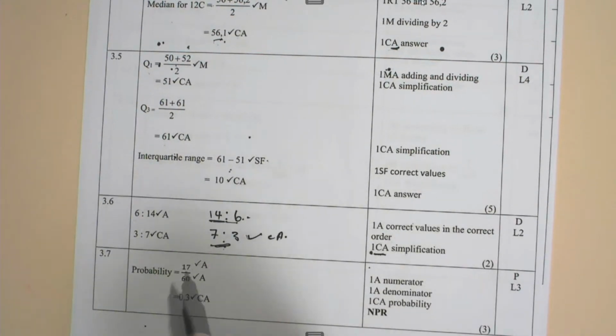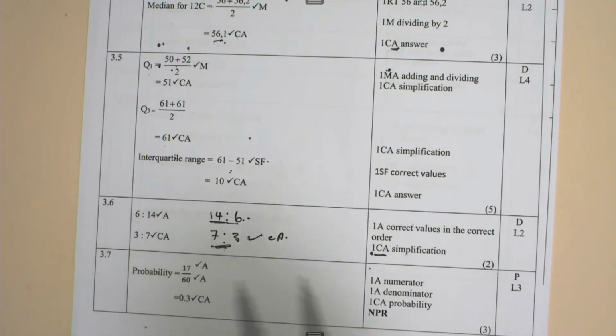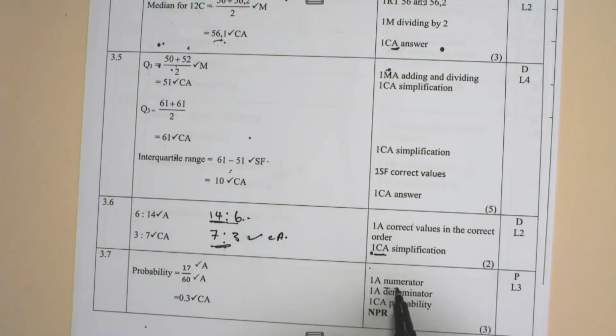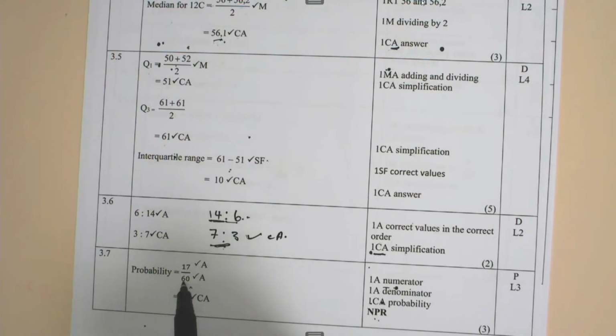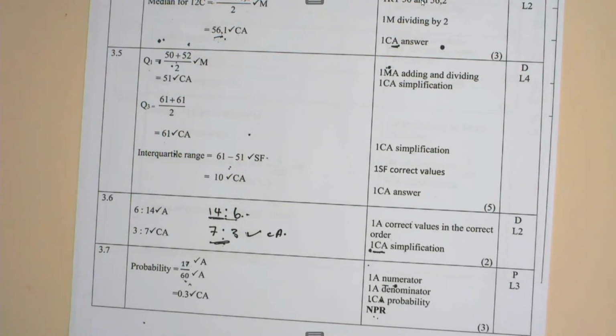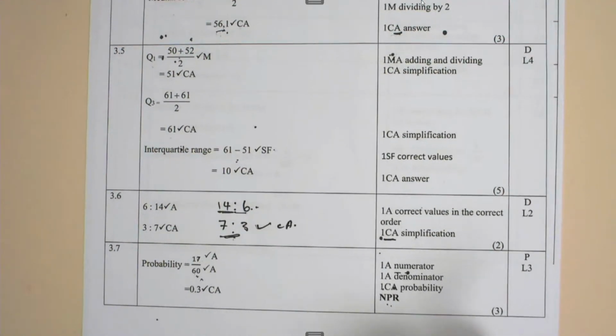Now it's 1 mark, an accuracy mark for numerator, an accuracy mark for denominator, which is 60, and then you see a probability. Remember, if one of those two, the numerator and the denominator, is not correct, then you see A.